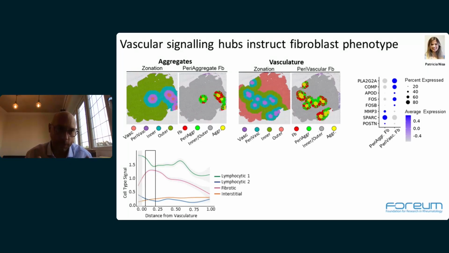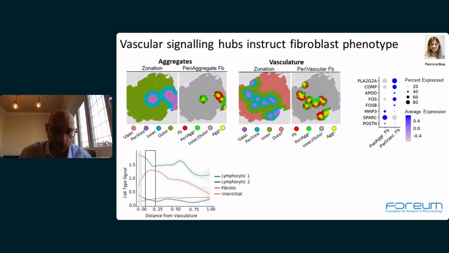But in vascular hubs that are shut down, where you no longer see infiltration, what you're actually observing is a much more dense form of extracellular matrix. That's driven by matrix-producing fibroblasts that look very similar to a myofibroblast gene signature, even in the joint, where we don't particularly see fibrosis as you would classically describe in, say, the lung or the liver, but you do see extracellular matrix deposition and remodeling.